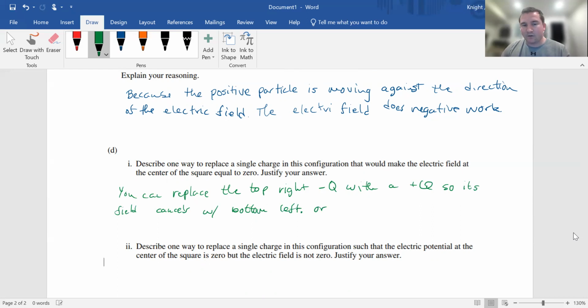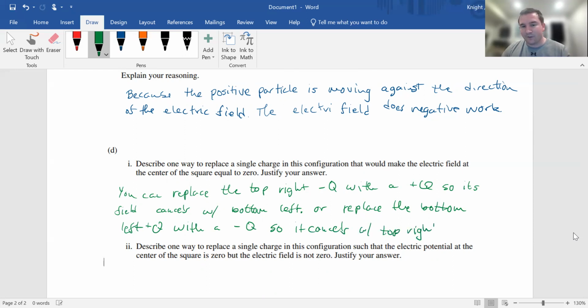Or you can replace the bottom left plus Q with a minus Q, so it cancels with the top right. Either way works. Both of those are acceptable.